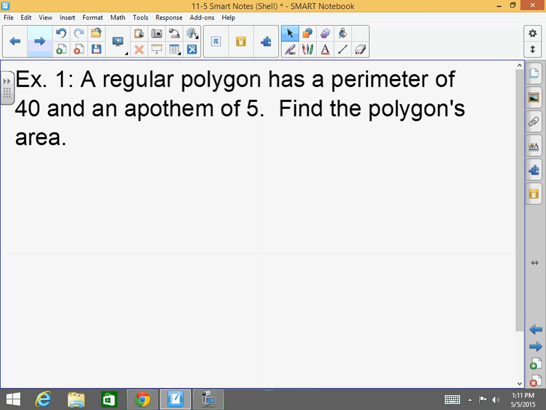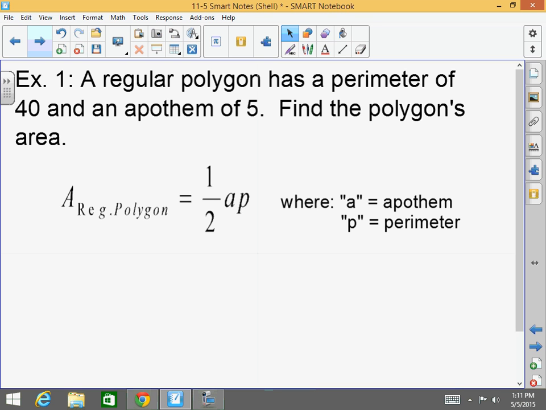Okay? For example, why don't we check this out? A regular polygon has a perimeter of 40 and an apothem of 5. Find the polygon's area. Well, in this case, this should be a joke, right? The area of a regular polygon is 1/2 of apothem times perimeter. So in this case, I gave you everything. Area equals 1/2 of apothem times perimeter.